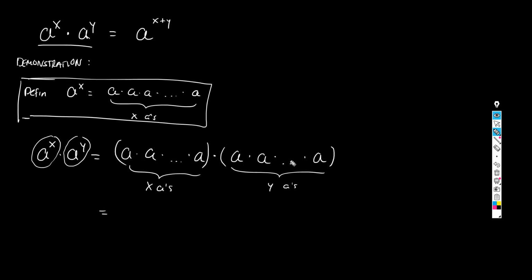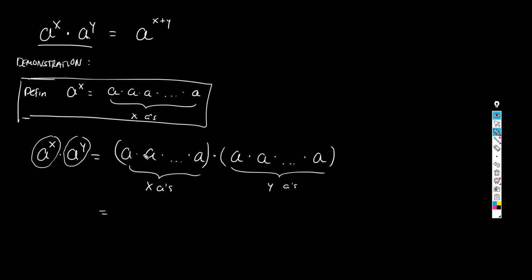Because basically what I have in all of this that I'm highlighting is a repeated multiplication of pure a's. I have a times a times a times a times a times a times a times a, etc. So all of this line consists of a multiplying itself a certain amount of times.